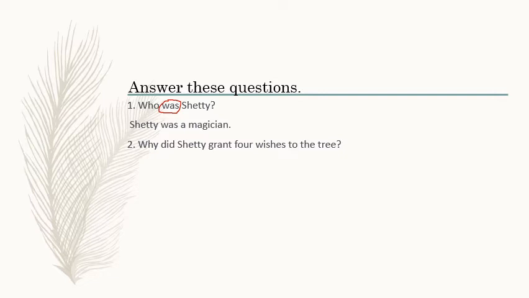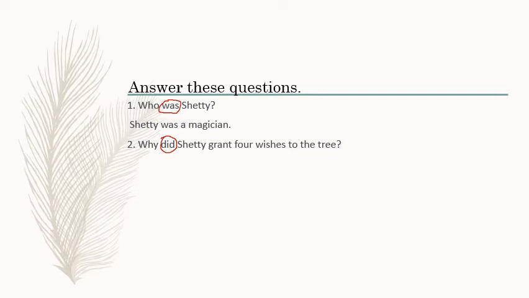And which tense? As here we have did, and we have already discussed in our previous lessons that if it is was, were, did, had, then it would be past tense. Don't worry, as you go further in the chapters, then in grammar you will learn what tenses are. So the answer will be Shetty.